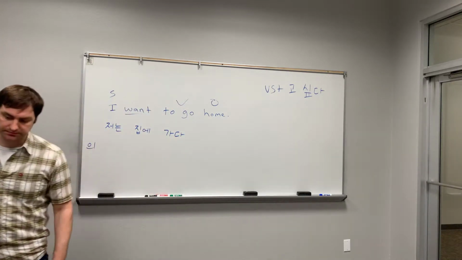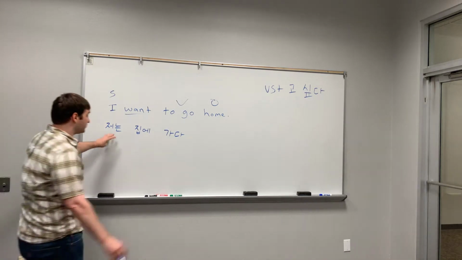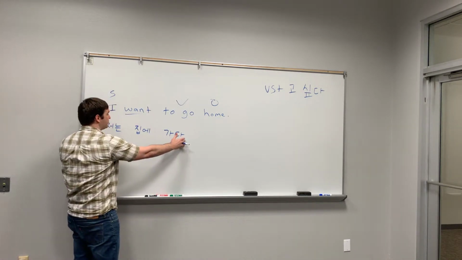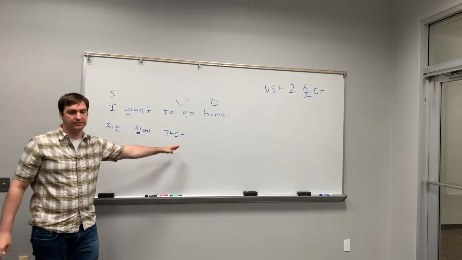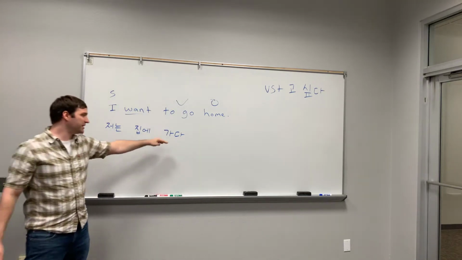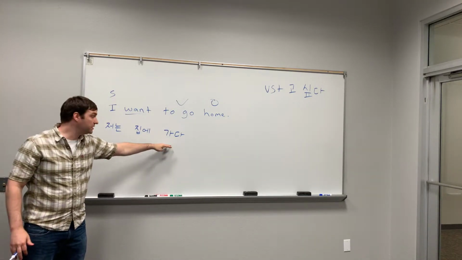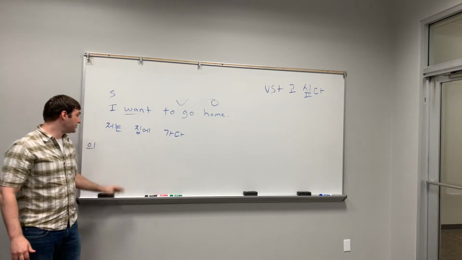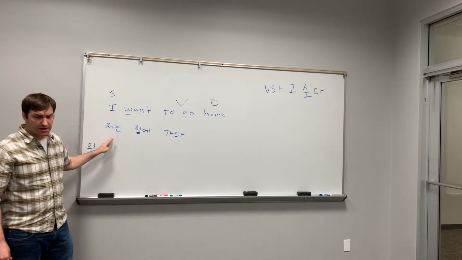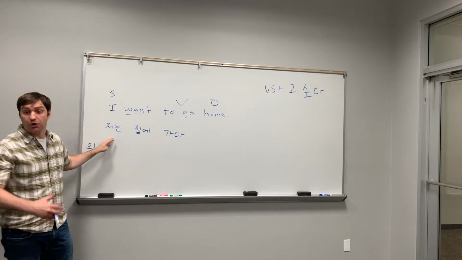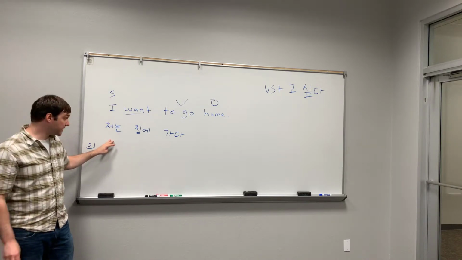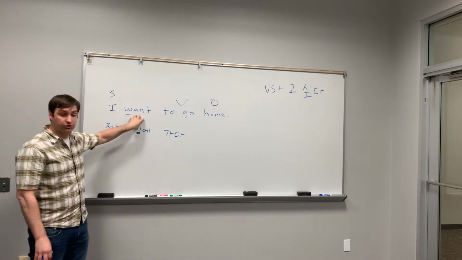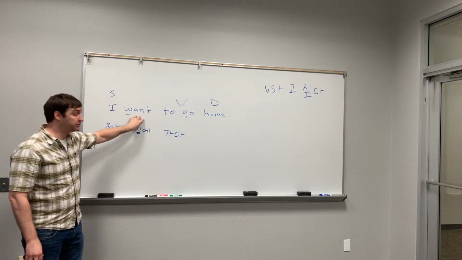If I just left it like this, it doesn't make sense because we're not conjugated. It would mean "I home go," or "I go home." So we've left out the "want to." We need to add that.